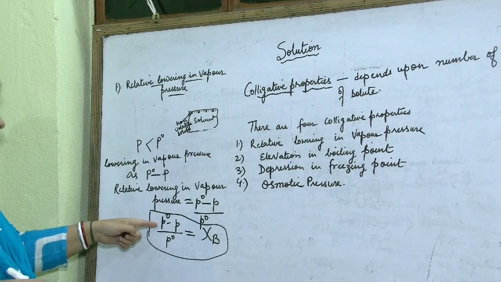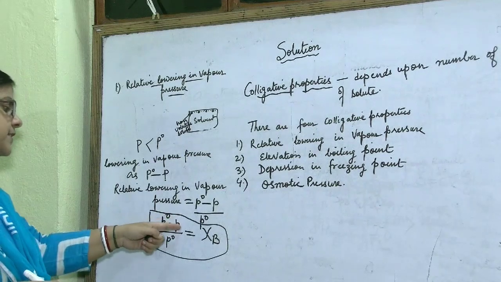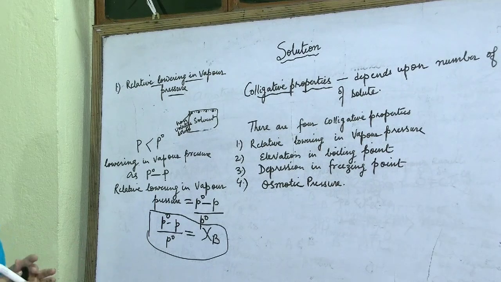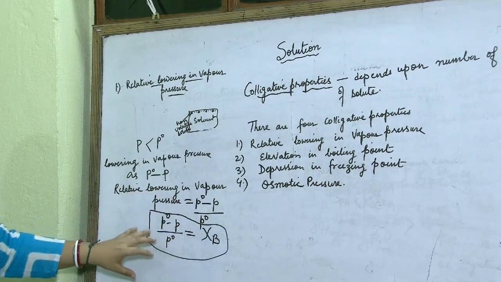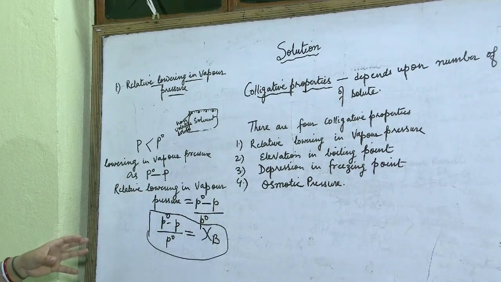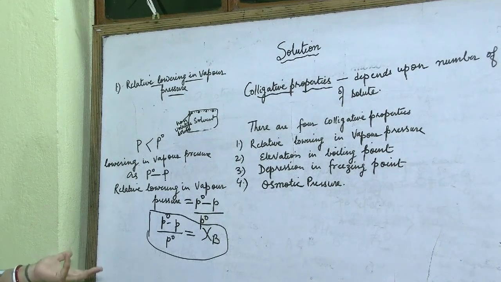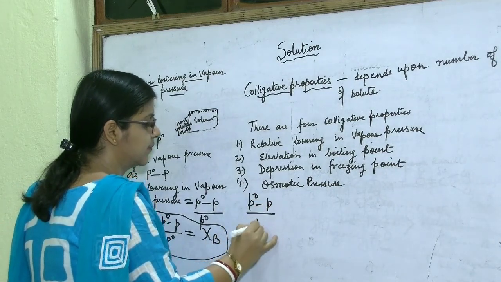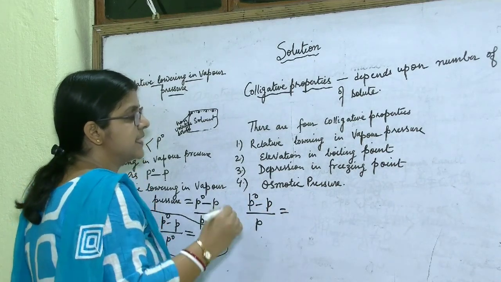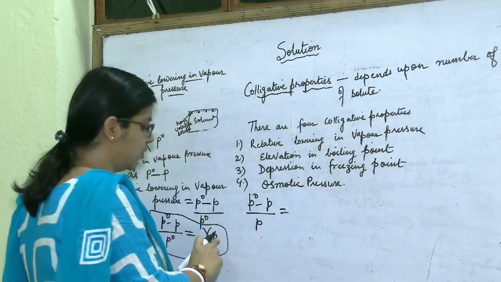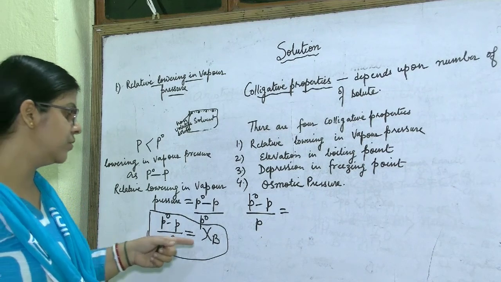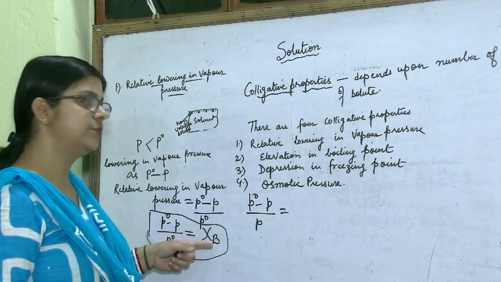P naught is the vapor pressure of the pure component and P is the vapor pressure of the solution. By knowing this formula, we can solve many numericals. What is XB? XB is the mole fraction of the solute. Usually we denote the solute with B.